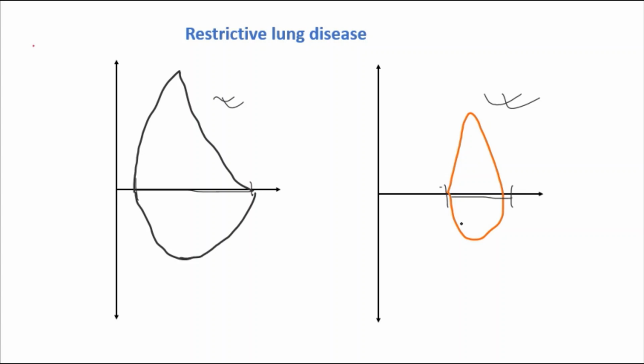The pattern that you can see is called witch's hat pattern. The flow volume loop is tall with steep descending limb. There's a steep descending limb over here, and the flow volume loop is quite tall as compared to normal loop.